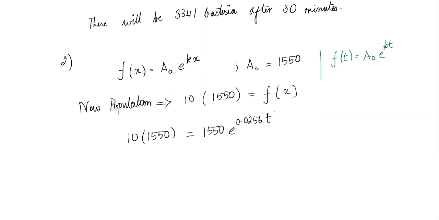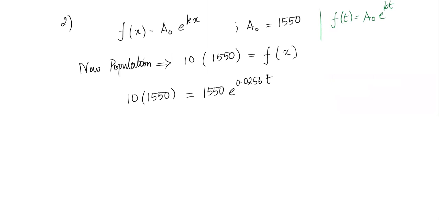You could use x or t here. I'll just keep it as t. And you're trying to solve for t. So t is sitting up in the power. So it's not as straightforward as the previous question. So 10 equals e power 0.0256 t.